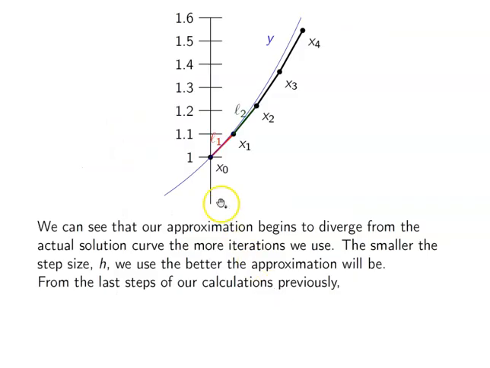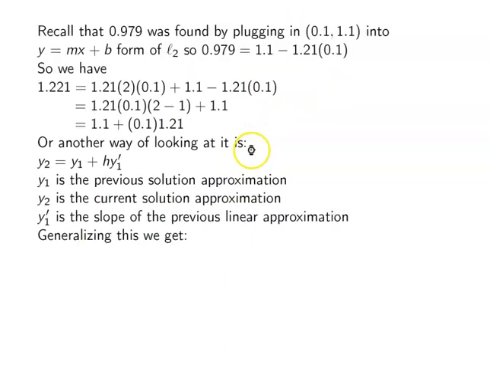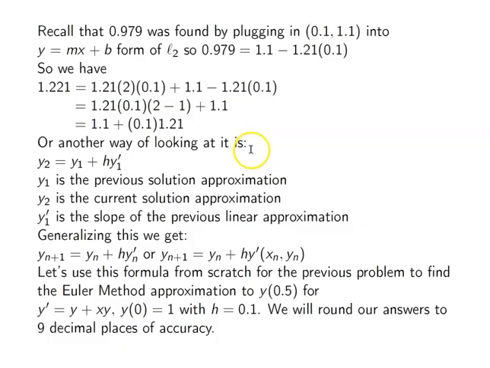So here, I went up to x4. We would do one more. So this would be 0.1, 0.2, 0.3, 0.4, and then 0.5 would be the next one. So I'm going to find approximations for all of these, and we'll actually find the values instead of just the graph. We're going to round our answers so that we stay with 9 decimal places of accuracy.